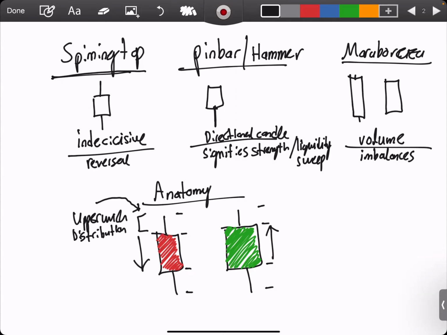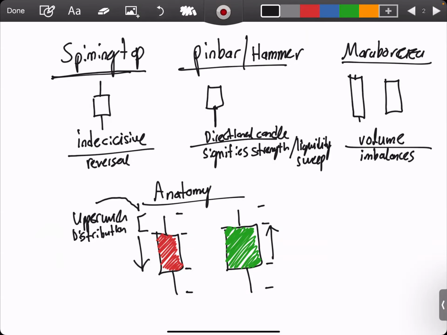All right, and we'll talk more in depth about that when we dive into market structure next week. But in a nutshell, we have our upper wick, which signifies distribution, where orders are getting prepared to drop down to make a lower low or to put in a lower wick.